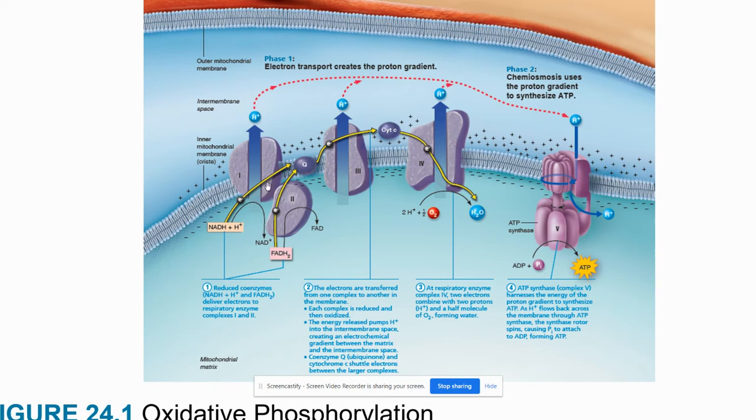And these electrons are going to go from one of these complexes to the next complex to the next complex. And again, as it's moving along, protons are going to be pumped through the membrane. This is going to set up a proton gradient. And then the chemiosmosis, which is phase 2, is going to use this proton gradient to synthesize ATP. And we're going to talk about specifically how this works in another slide.